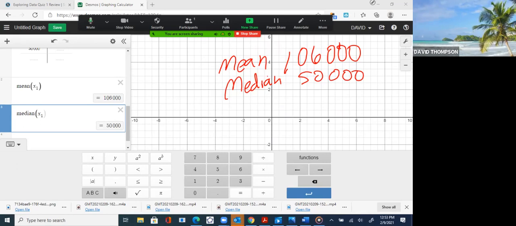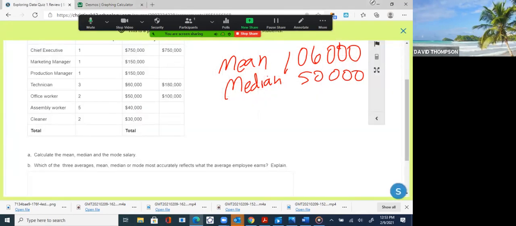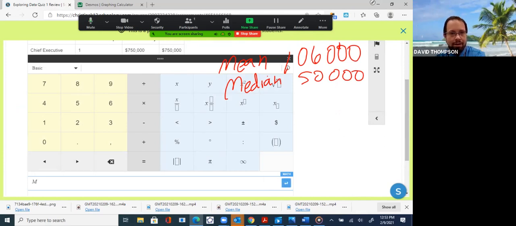So we go back to our question now. So now we know our mean and our median. So just type it in. Mean equals $106,000.